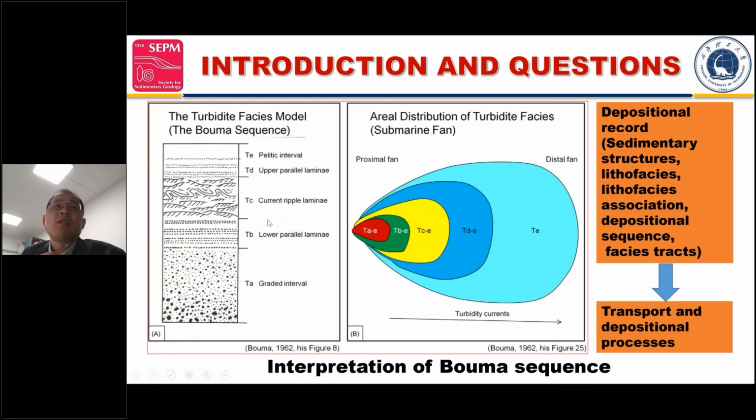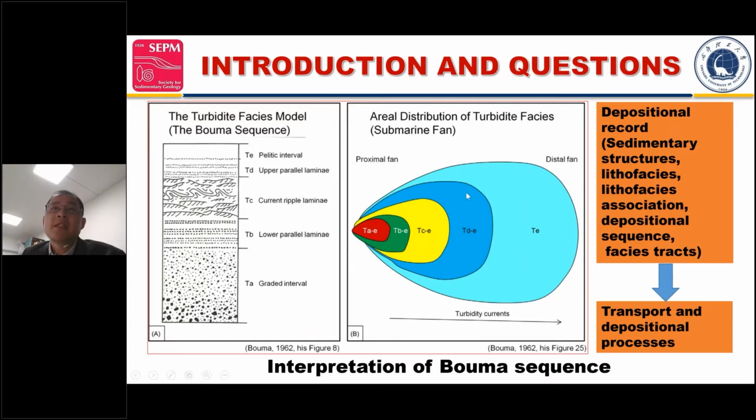Actually, this story comes from the Bouma sequence. Everyone is familiar with this classical Bouma sequence from TA to TE, from the bottom to the top. In the proximal fan, we will find some complete Bouma sequences, while in the distal fan, you will find part of this sequence.